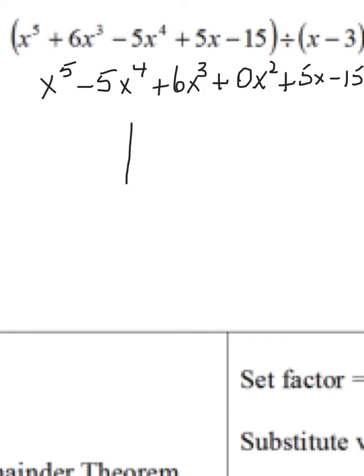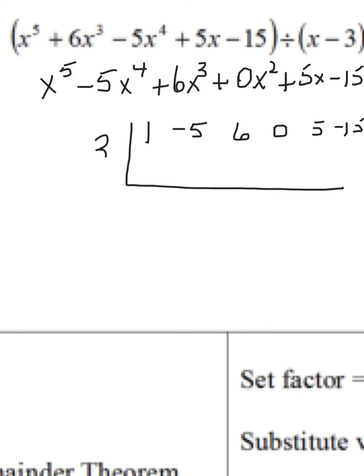So I'm going to make my box, and I'm going to put all my coefficients in order in my box. So I have a 1, a negative 5, a 6, a 0, a 5, and a negative 15. The divisor that I'm going to use is the opposite sign of x minus 3, which is going to be 3.